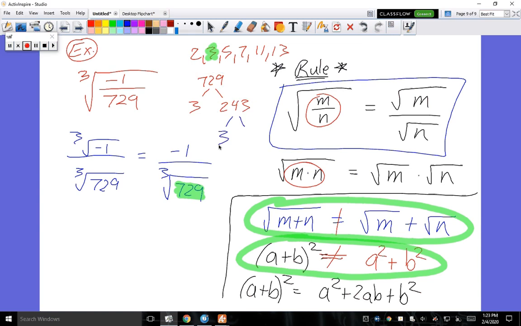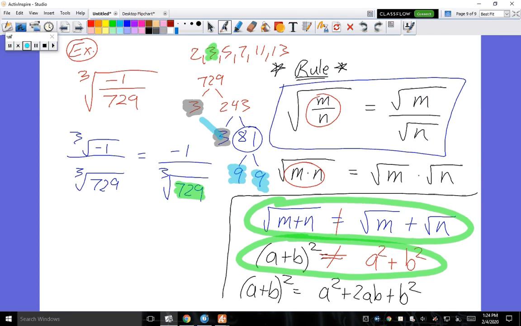So we have what? 81. Some of you can already see this. The 81 will break up to what? 9 and 9. And look at this. You already have 9. So you have 9, 9, and 9.